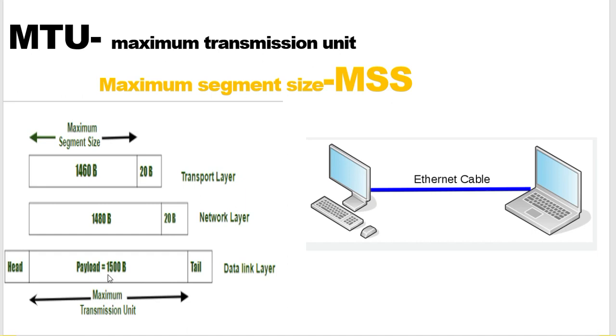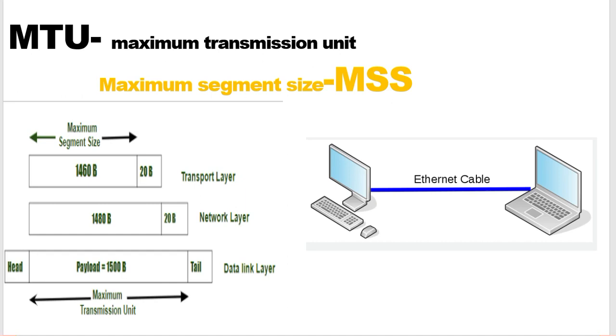So every layer has its maximum, and finally the traffic needs to go on this wire. This wire can handle an MTU of 1500 bytes of payload, plus it can handle 18 bytes of Ethernet headers.